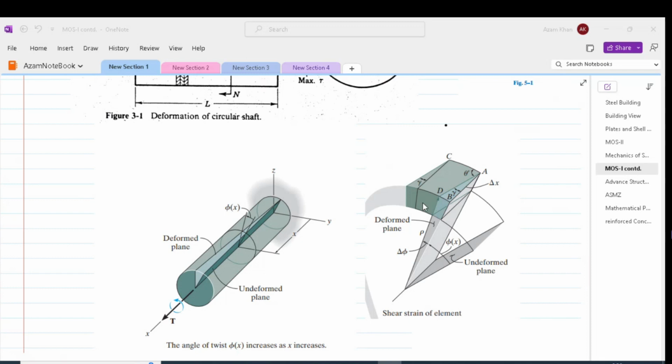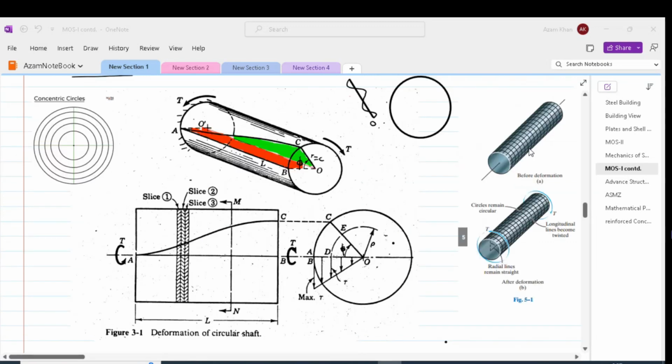This delta phi causes the element to undergo shear strain. We can also appreciate that from this deformed profile of our shaft, where before deformation, our longitudinal and radial grids were making 90 degrees with each other. So every block had longitudinal and radial axes meeting orthogonally.